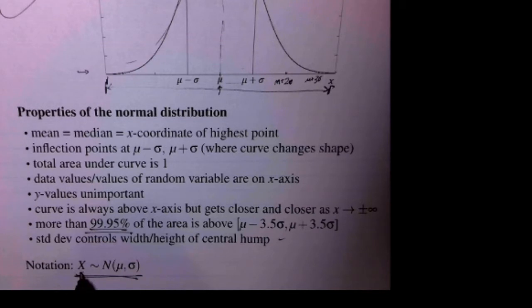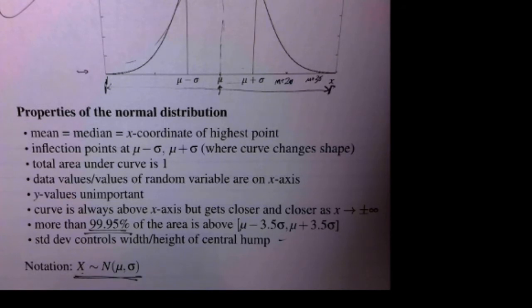The random variable x is normally distributed with mean mu and standard deviation sigma. Okay? The random variable x is normally distributed with mean mu and standard deviation sigma. If you look in other books, you may see this used slightly differently, but for us, it'll always mean exactly that.